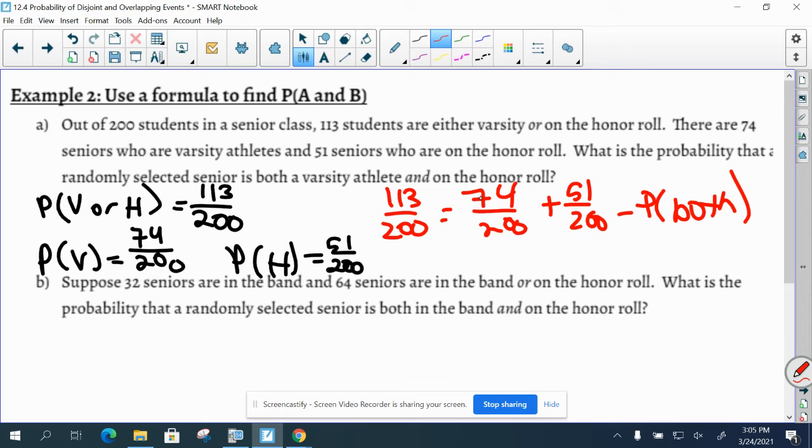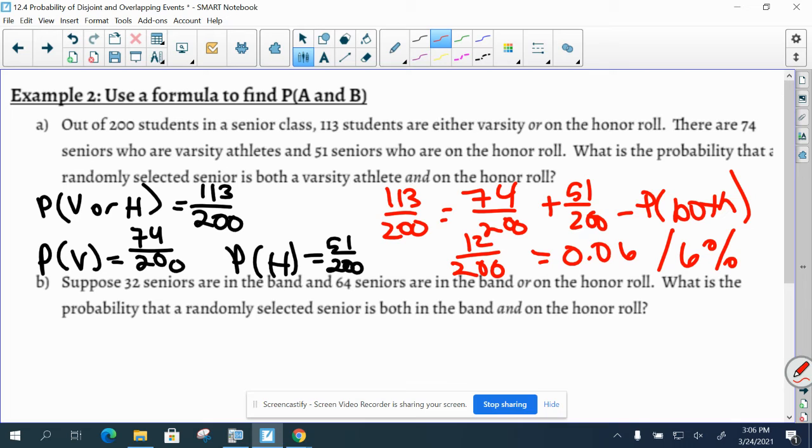So I would add up 74 and 51 and subtract it from 113. You do that on your calculator, you get 12 out of 200. So there are 12 people who do both, and that gives us 0.06 or 6%.